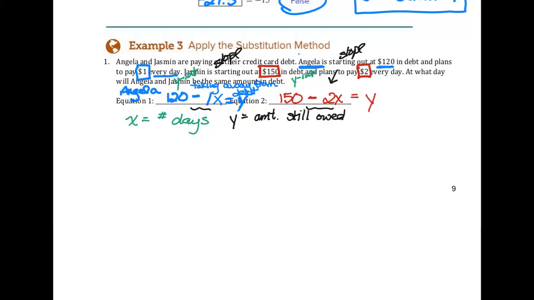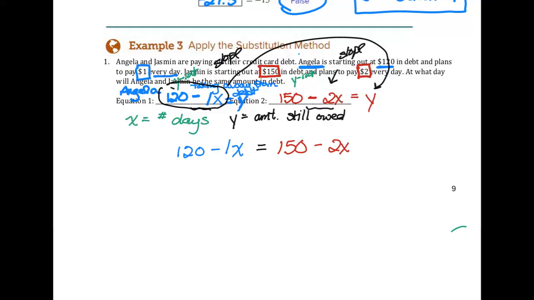When you have two y equals, you are going to set what they are both equal to each other. Because if y is equal to this whole amount, you are going to substitute that in place of that y. So essentially, what the both y's are equal to, you just set them equal to each other. So let's show 120 minus 1x is equal to 150 minus 2x.